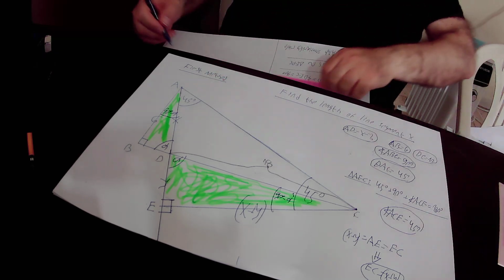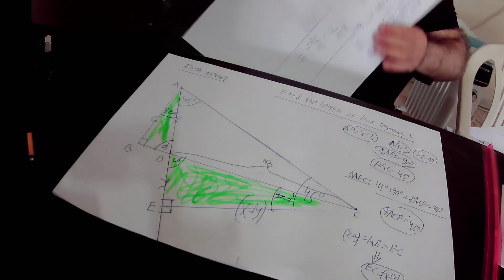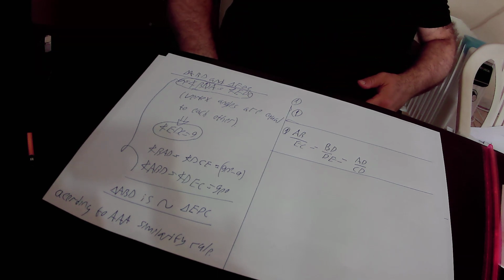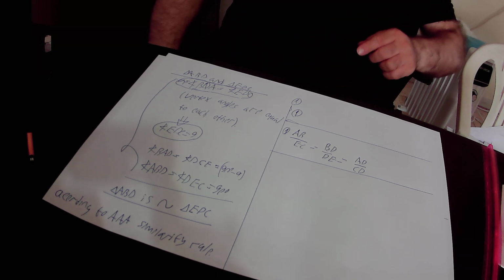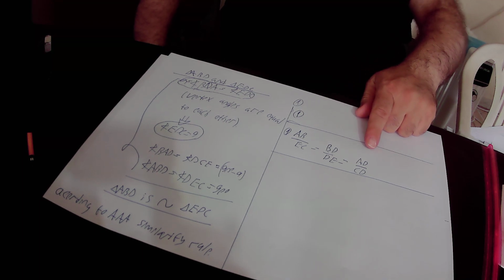I'll repeat again. From the fact that the two right green triangles are similar to each other, we conclude that AB over EC equals BD over DE equals AD over CD.